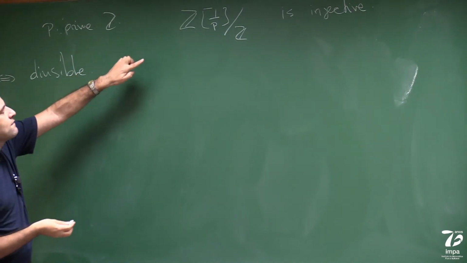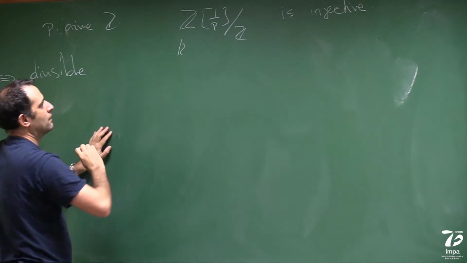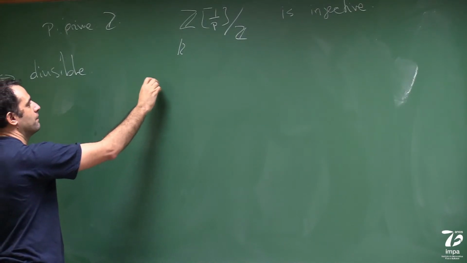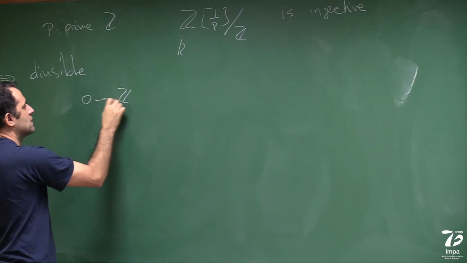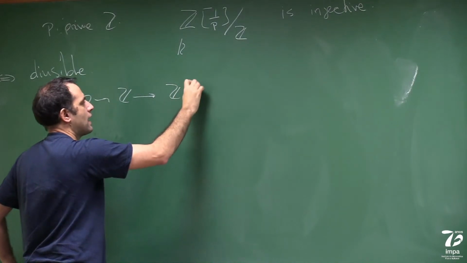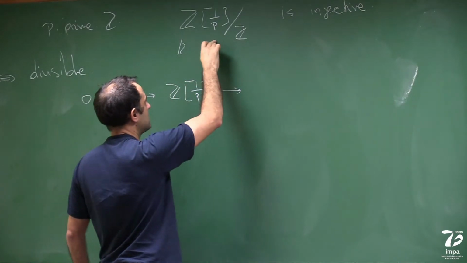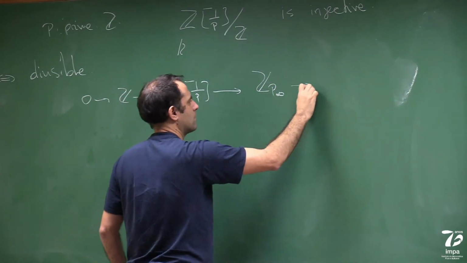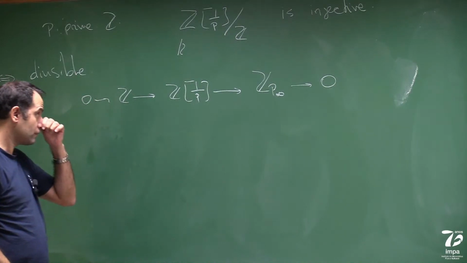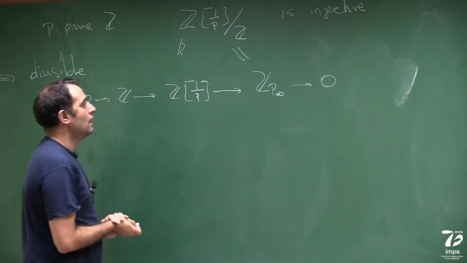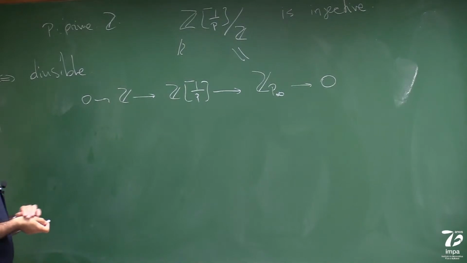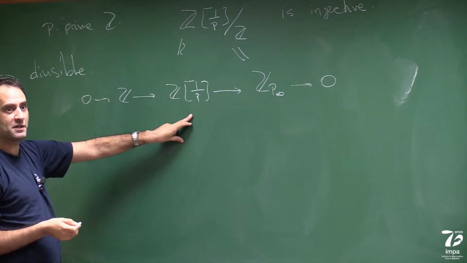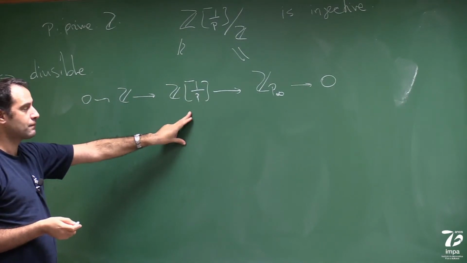And of course, this is the same thing. For every element of this form, what is that? Well, I have this sequence: Z into Z adjoint 1 over P into this guy. Let's put a name. I think the book uses something like this. So that's this. So every element here can be expressed as an image of an element here, so modulo being an integer.